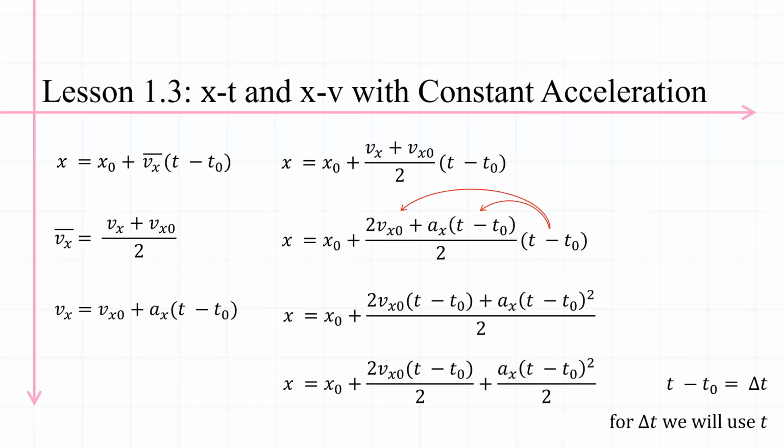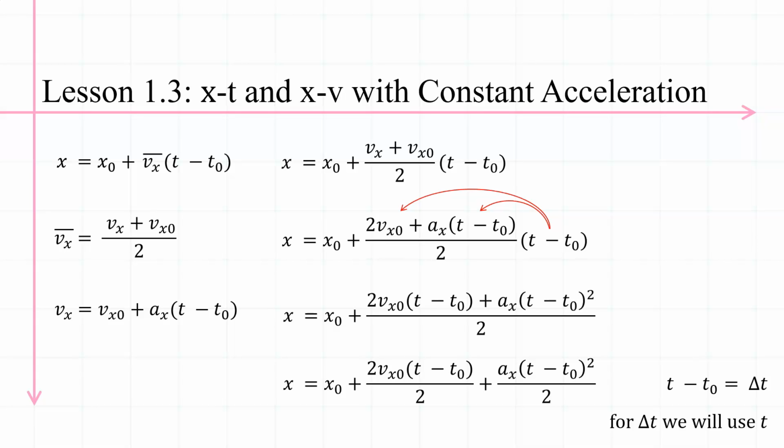Well, I'm actually just going to, instead of using delta t or t minus to, just use t to mean the time interval. And if you have to actually calculate a change in time, you'll just have to remember that that needs to be done. But the reason we're doing that is just because it simplifies this expression enough to make it look a lot simpler and easier to use.